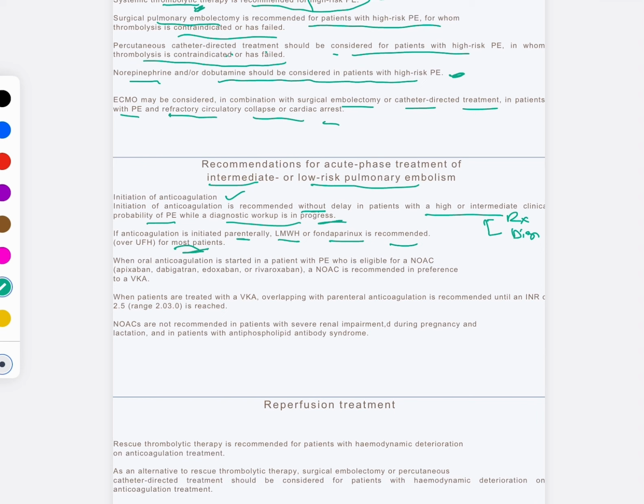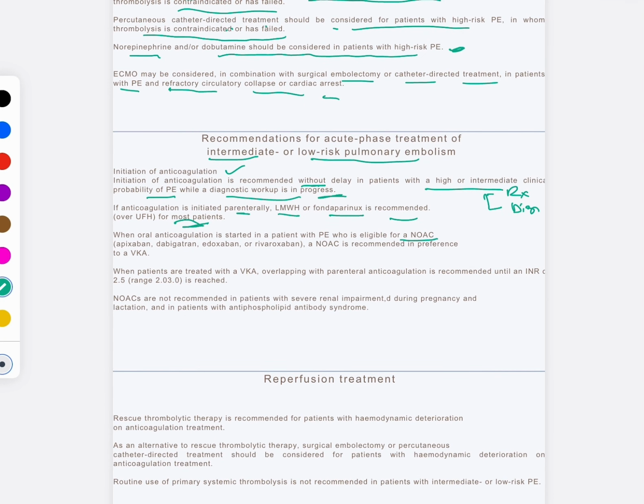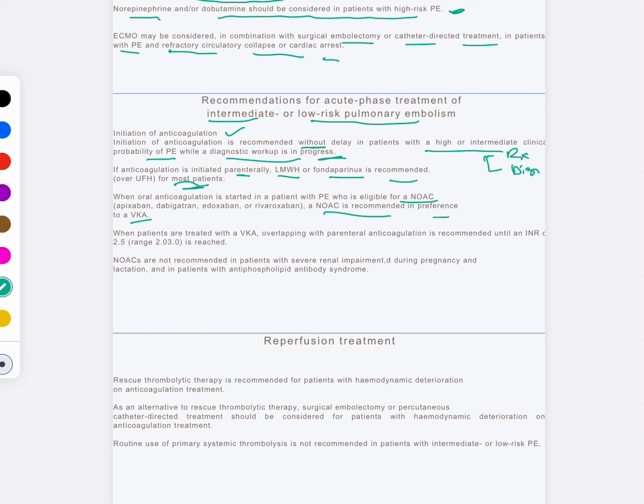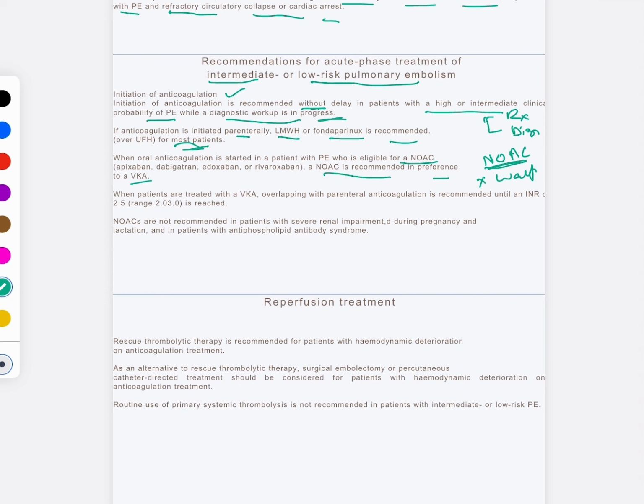When oral anticoagulation is started in a patient with PE who is eligible for non-vitamin K oral anticoagulants, which are apixaban, dabigatran, edoxaban, or rivaroxaban, a NOAC is recommended in preference to the vitamin K antagonist warfarin. Nowadays, oral anticoagulants are preferable to warfarin because they are easy to use and you don't need INR monitoring in these patients.